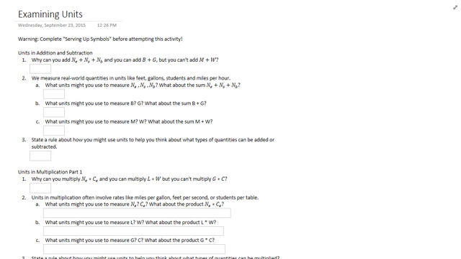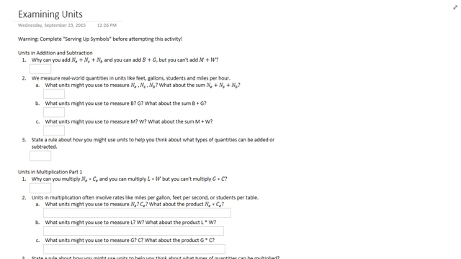This is part of the whole needing the answer to make sense idea. So we're going to look at in what circumstances we can do arithmetic and still have our units make sense, and in what circumstances we cannot. We're going to come up with several rules. This is going to be a bit of a longer video than the ones I've done before, but it's because it's a longer task.